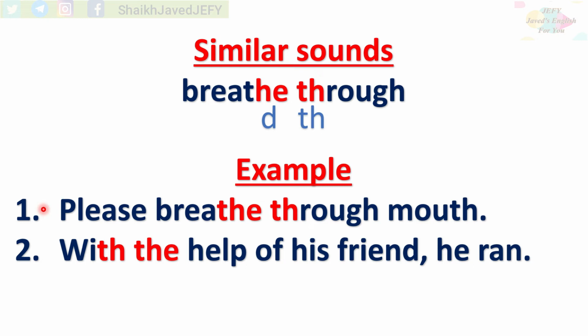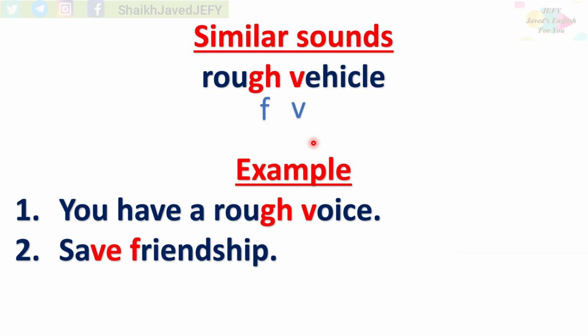That would be correct. Okay, that would be more fluent. Look at this example with the th and the. There's no need to pronounce them separately. You can just sort of link them. Now listen to me how to say it. With the help of his friend, he ran, like that.